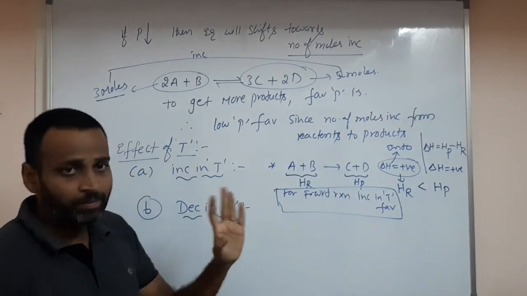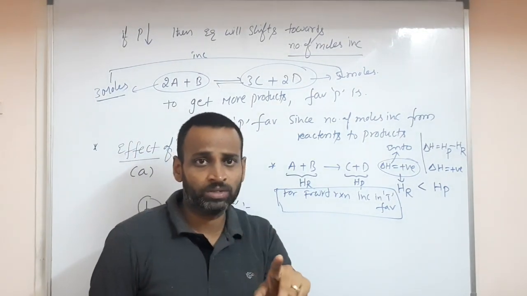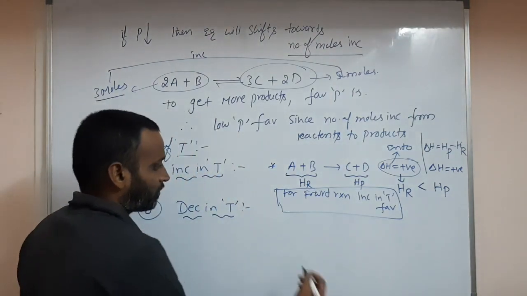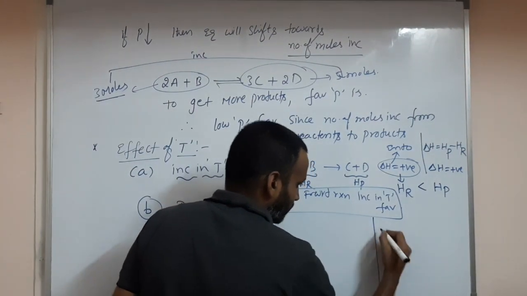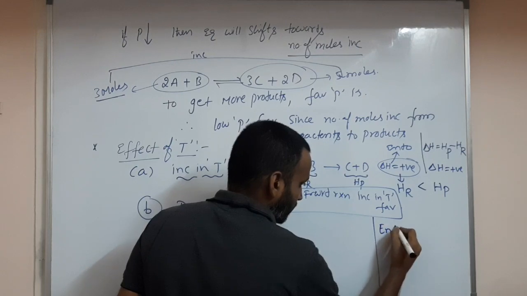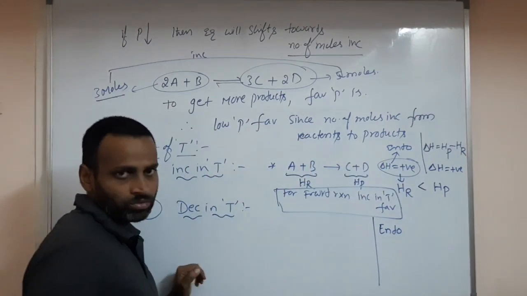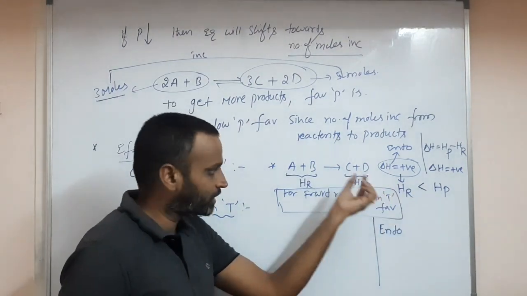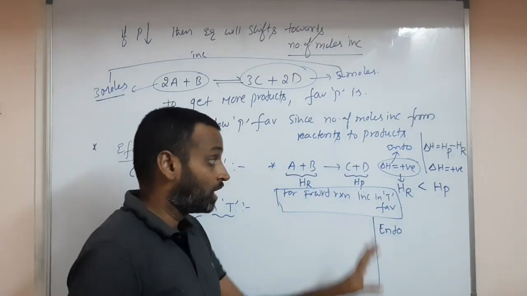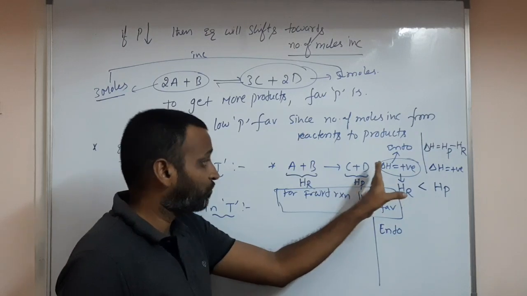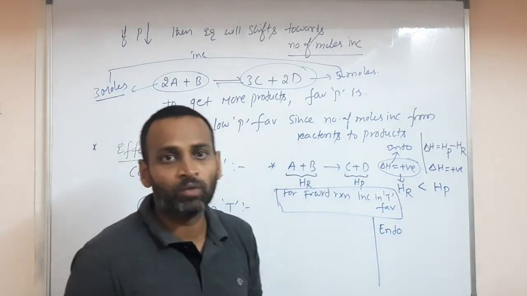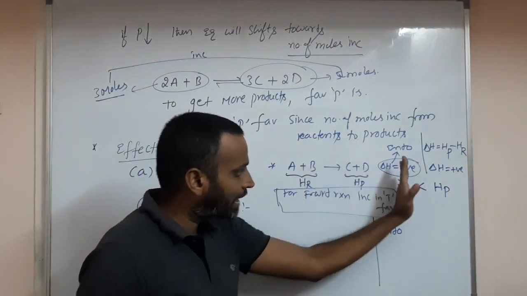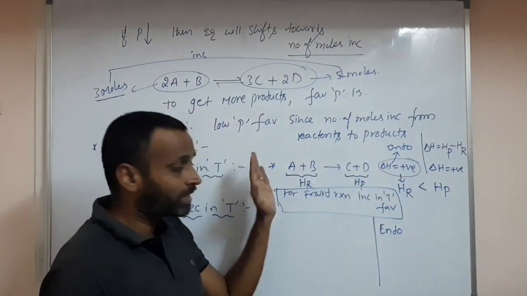So increasing temperature favors the endothermic reaction. Here the forward reaction is endo, so for the forward reaction, increasing temperature favors. If they ask about the backward reaction, low temperature is required, because the forward reaction is endo and therefore the backward reaction is exo.